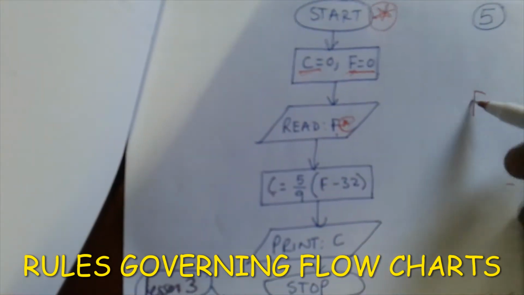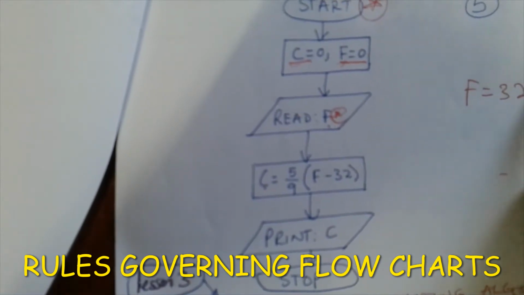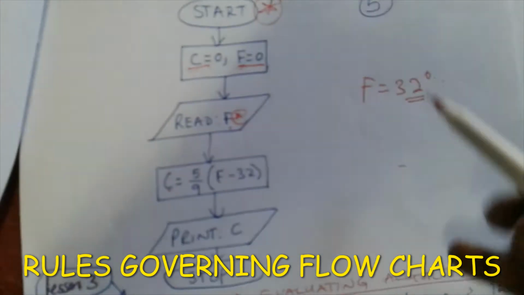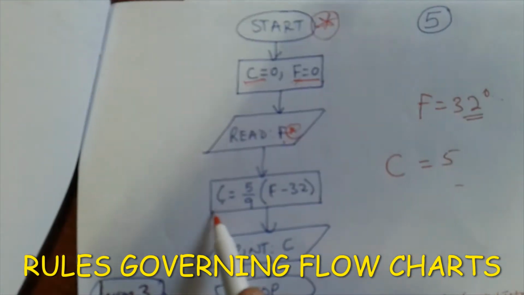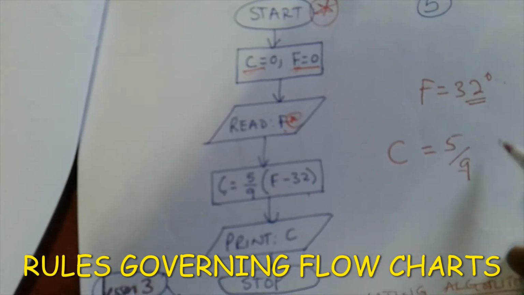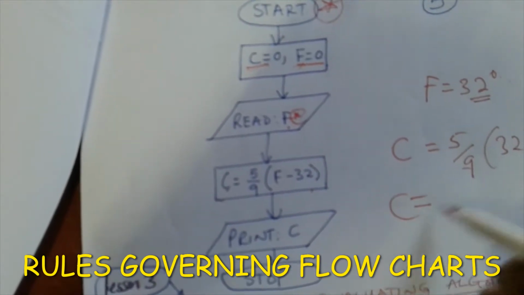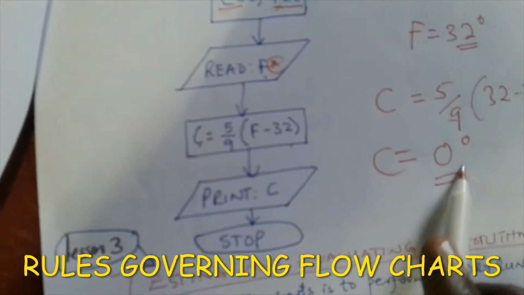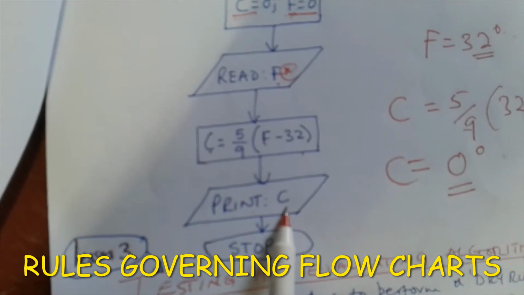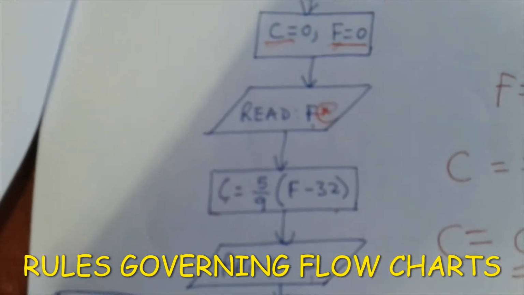So if F is possibly 32 degrees in Fahrenheit, then to get C, we shall use the formula. As you can see, the symbol into 32 minus 32, and we shall have 0 degrees. Therefore, if C is 0, it will be written down, print C, and stop. So this is a simple flow chart.